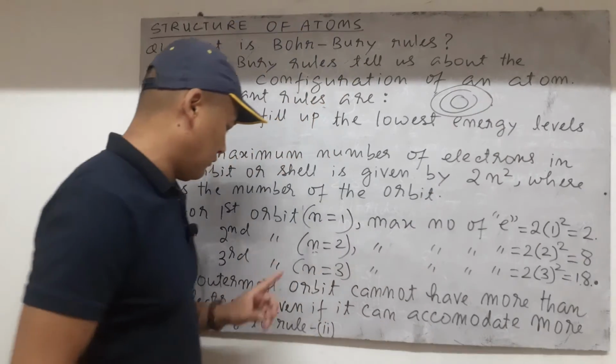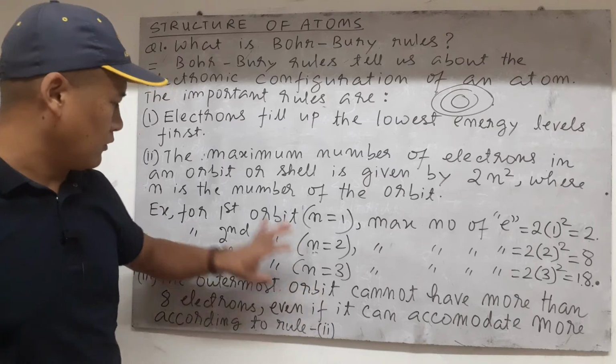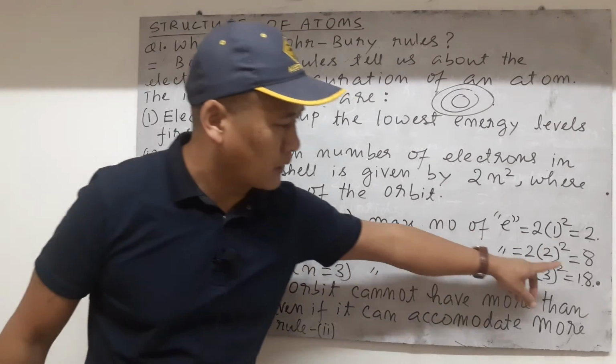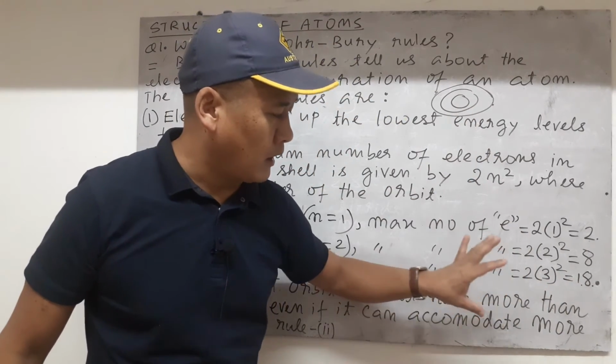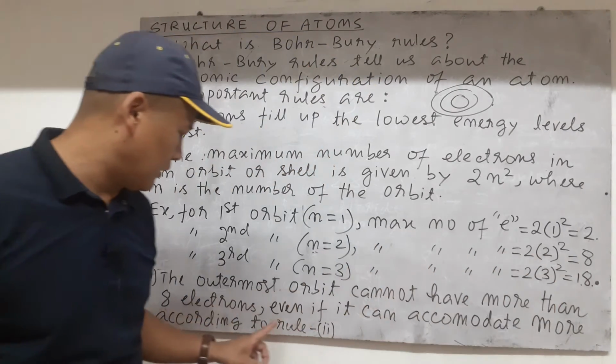In other words, rule number 3 is more superior to rule number 2. Even if according to rule 2, third orbit can have 18 electrons, if the third orbit of that atom is the outermost orbit, it cannot accommodate 18. It has to accommodate 8.